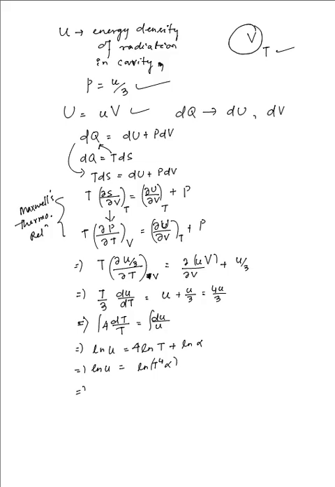So what we get is the energy density that we had mentioned, and that is equal to some constant times the absolute temperature raised to the power 4. That constant that we have, it will have some value.